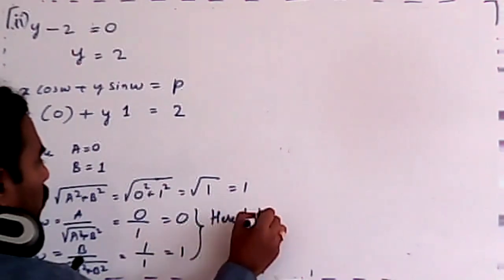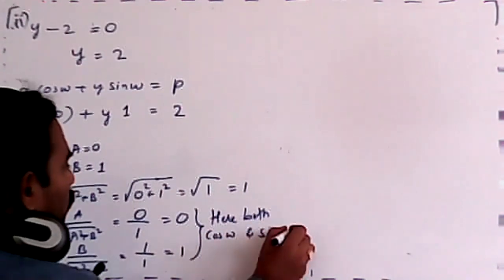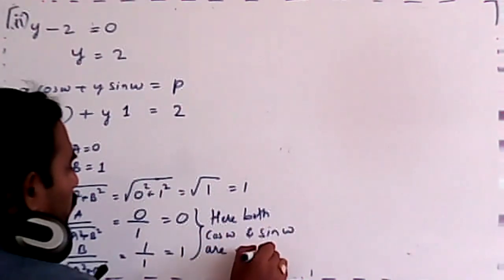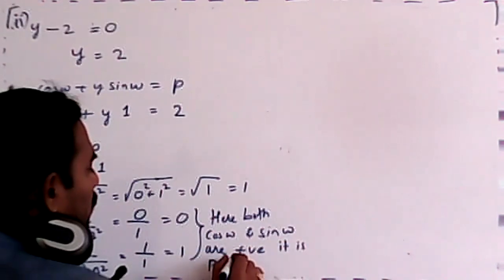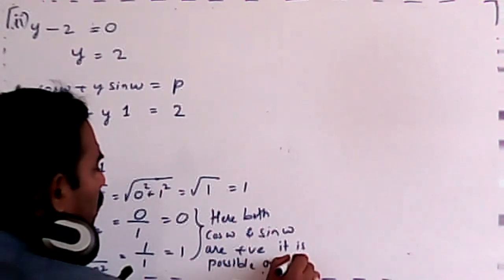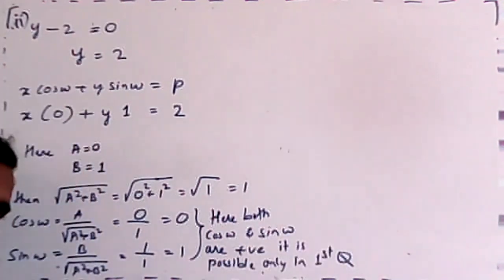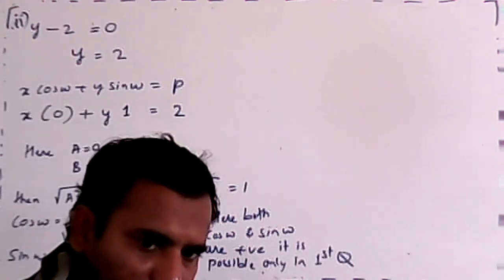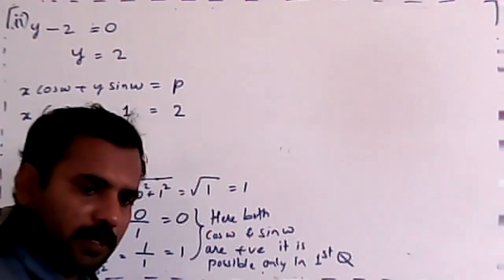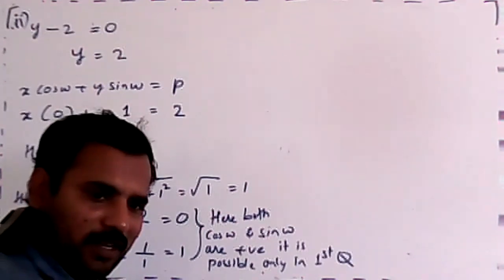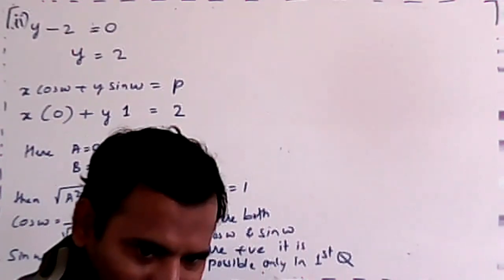Here both cos omega and sin omega are positive, possible only in the first quadrant. Do you agree with this, Shravan? Rakshit Prabhu, very good. Understanding, very nice. Let me go a little slowly to make you understand clearly.